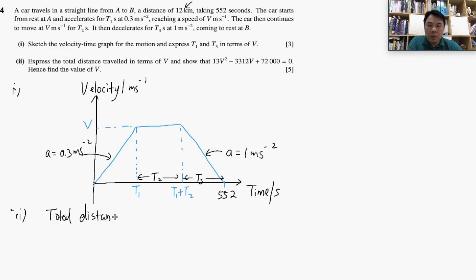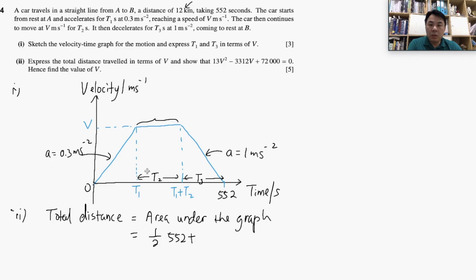Total distance is represented by the area under the graph of this trapezium. So the area under the graph from 0 to 552 seconds in this case. Now that area is given by half, we know that the total time is 552, plus the length here.